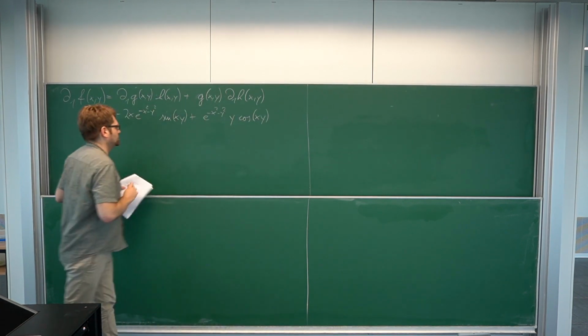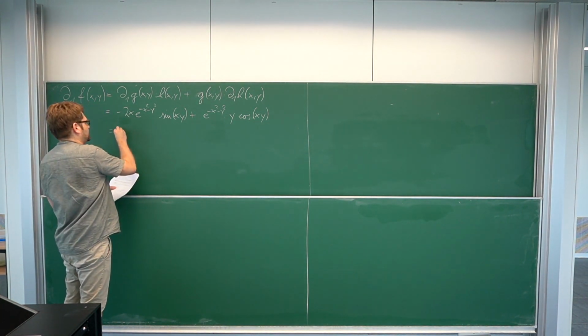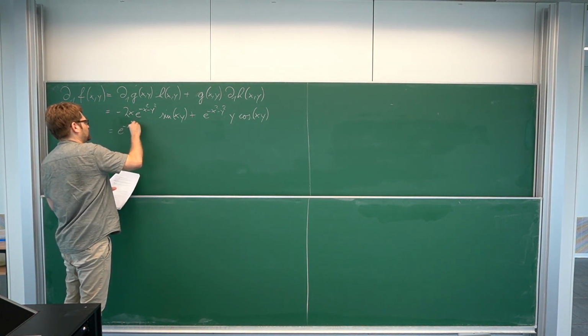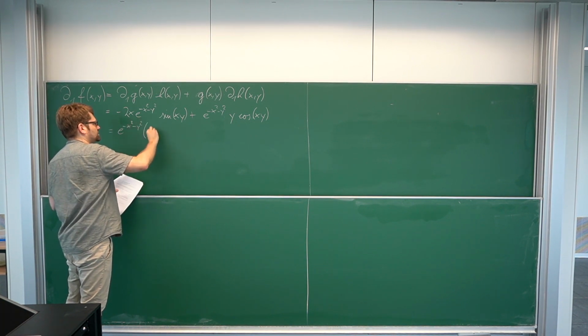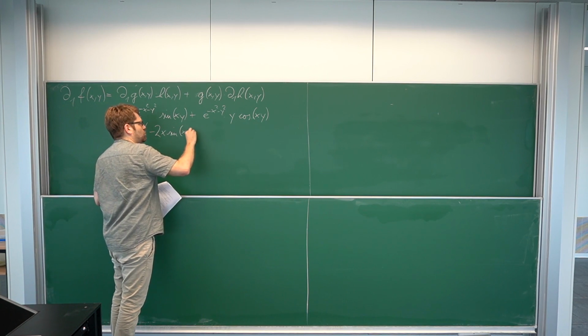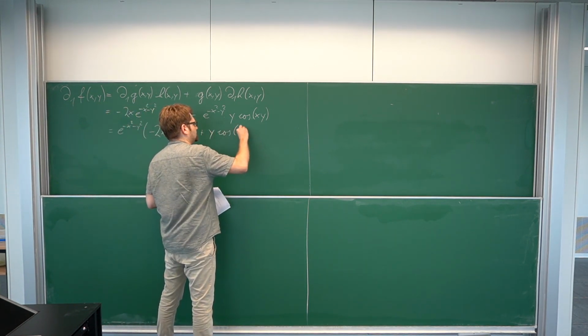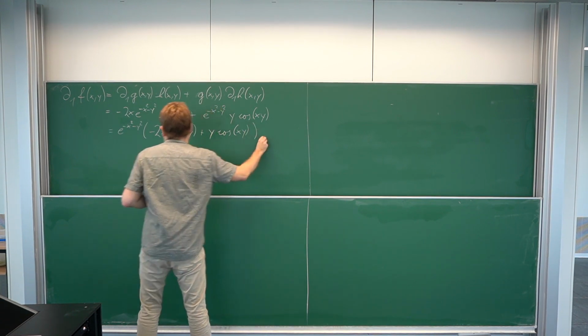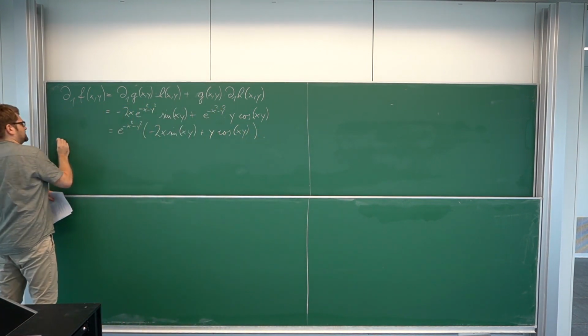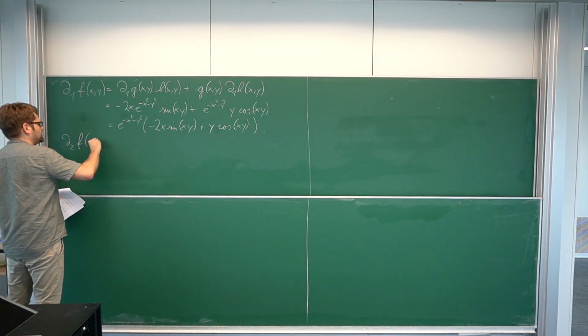So, putting things together, this is the same as e to the minus x squared minus y squared put in front, and then we have minus 2x sine of xy plus y times the cosine of xy. And in the same way, we get the second partial derivative, d2f(x,y).